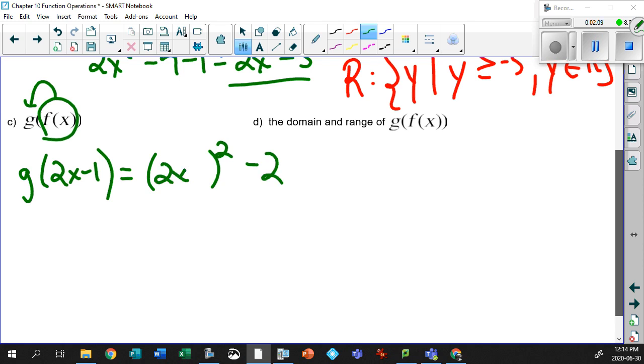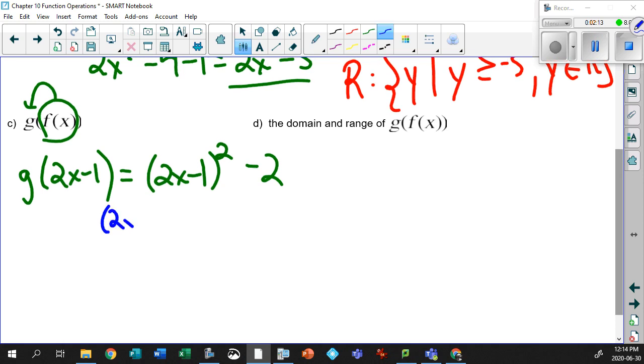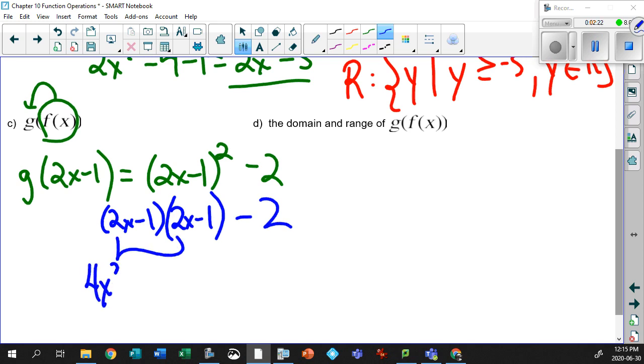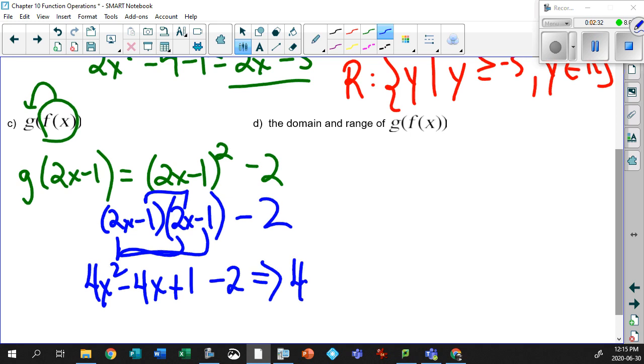And being that I'm smart, I realize that this is 2x minus 1 times 2x minus 1, and I have to FOIL it, right? There's my 4x squared, my minus 2x, which gives me my minus 4x, plus 1, subtract 2, for an ending result of 4x squared minus 4x minus 1.